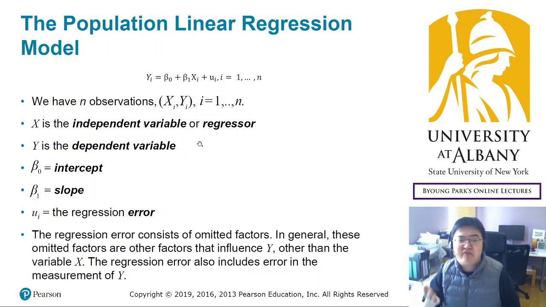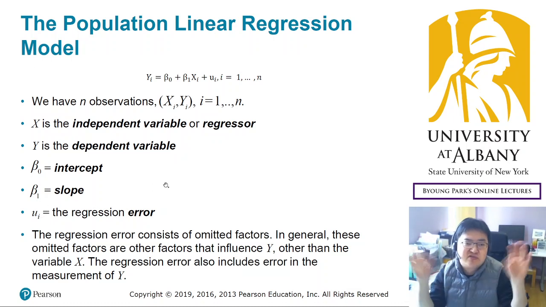However, difficulty cannot be measured or is not observed in your data. So then you have to put it into the error term. Everything you cannot observe, you don't have, but affect y is included in the error term.